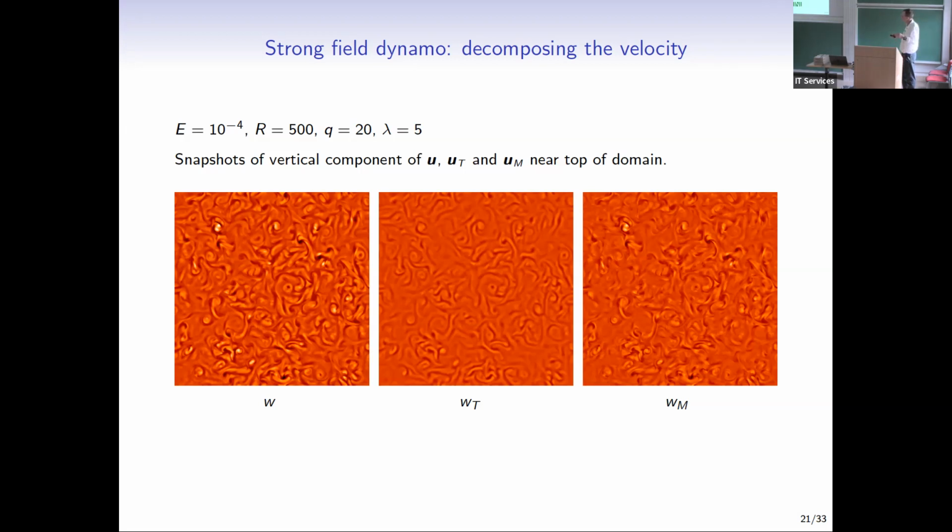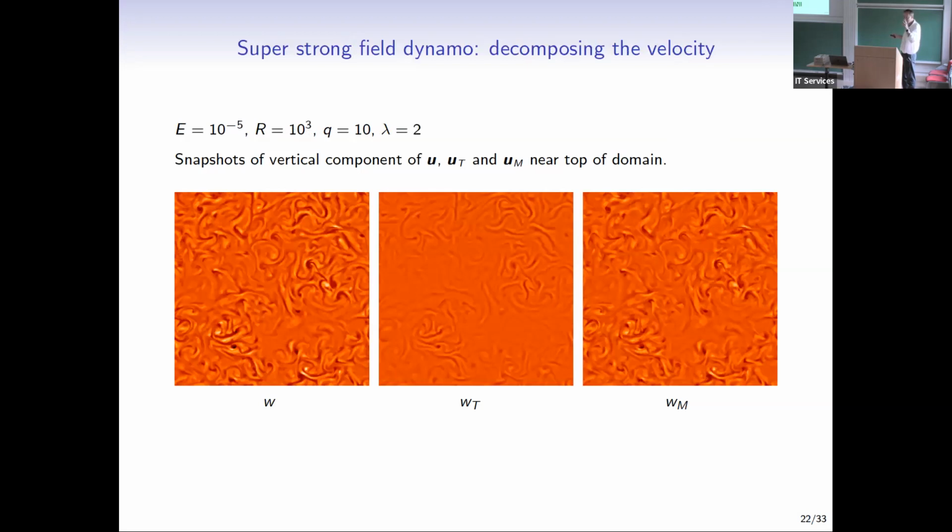If you push it even to a lower Ekman number, higher rotation rate, so if you decrease the Ekman number to 10 to the -5, then the velocity is nearly all magnetic. It's quite interesting because it's a convectively driven dynamo. So this remnant is what's driving it, but what remains is this magnetic velocity.